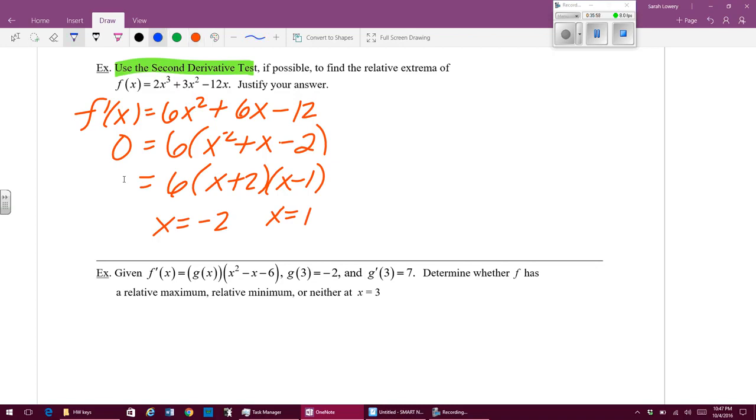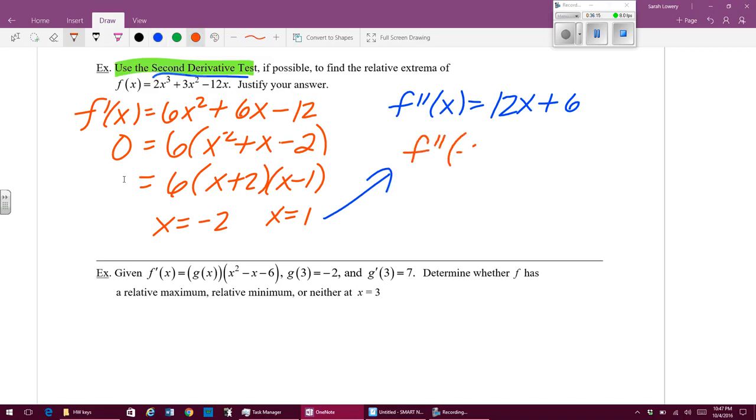But using the second derivative test, like it asks me to, what I need to do is find my second derivative. So 12x plus 6, and I'm going to evaluate these points at the second derivative. F double prime of -2 and f double prime of 1.